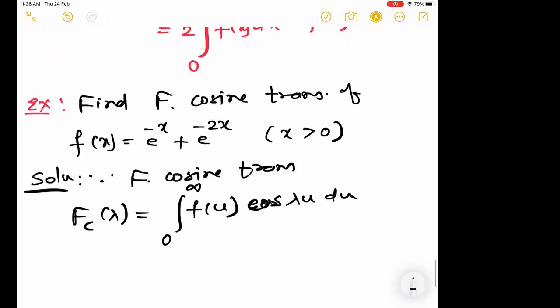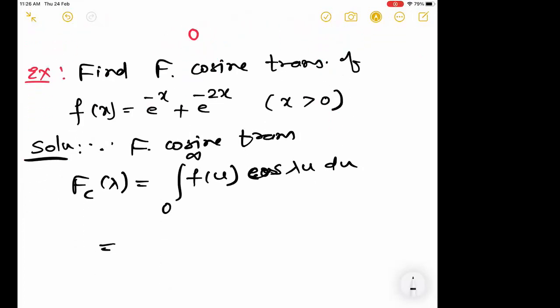Now what is f of u here? f of x is given, so can you tell me f of u? e raised to minus u plus e raised to minus 2u.